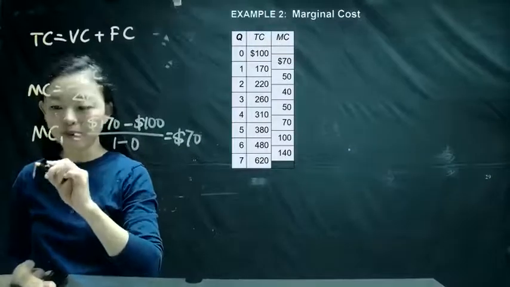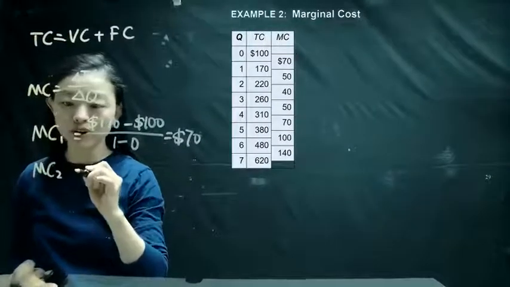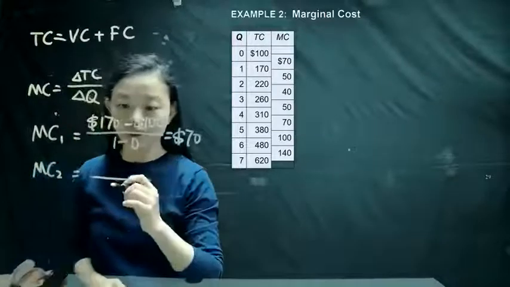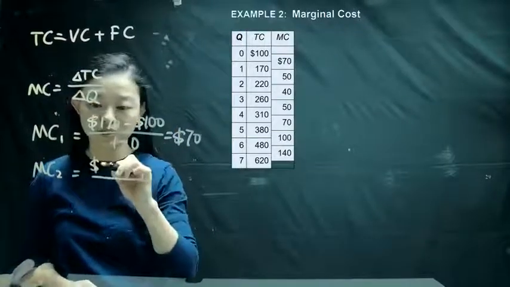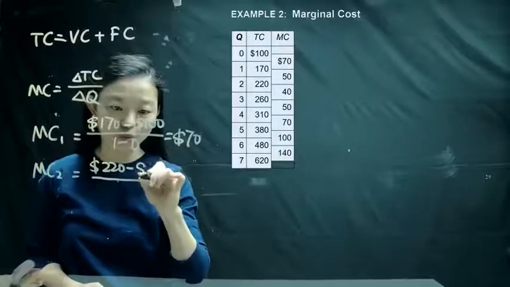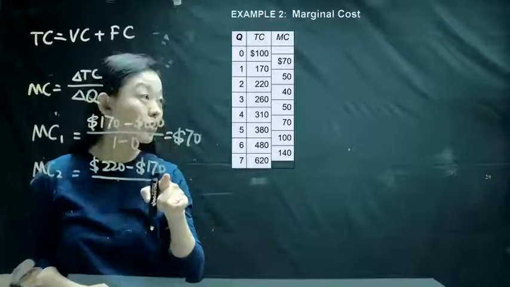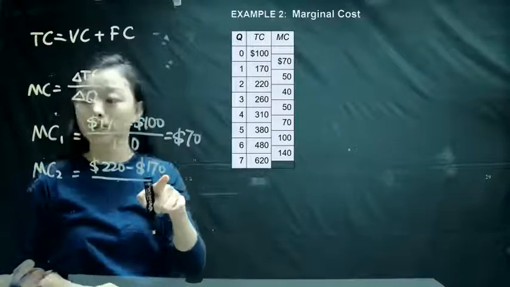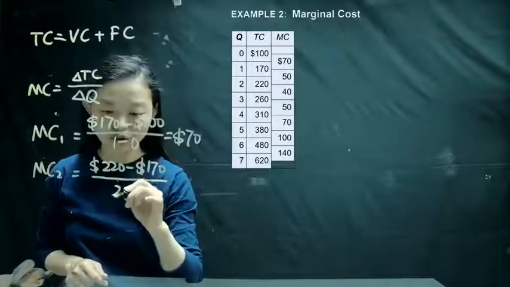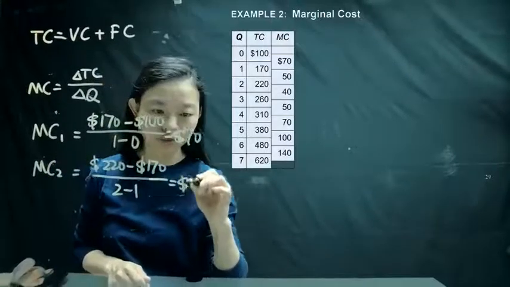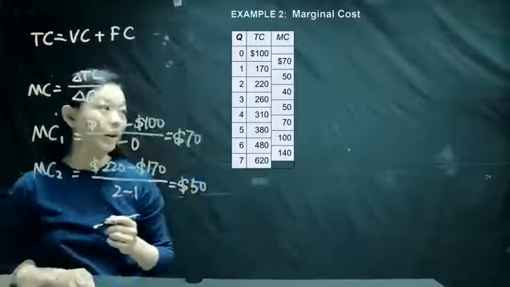And then what about the marginal cost when the output increases to 2 units? Still, we use the change in total cost, so 220 subtract 170, because 170 is the total cost related to 1 unit, and then divide by 2 minus 1. So this equals 50, okay?